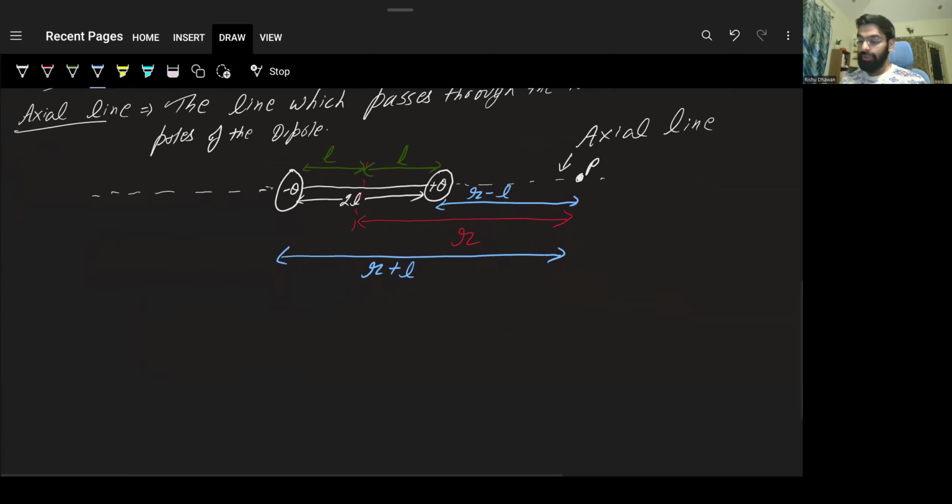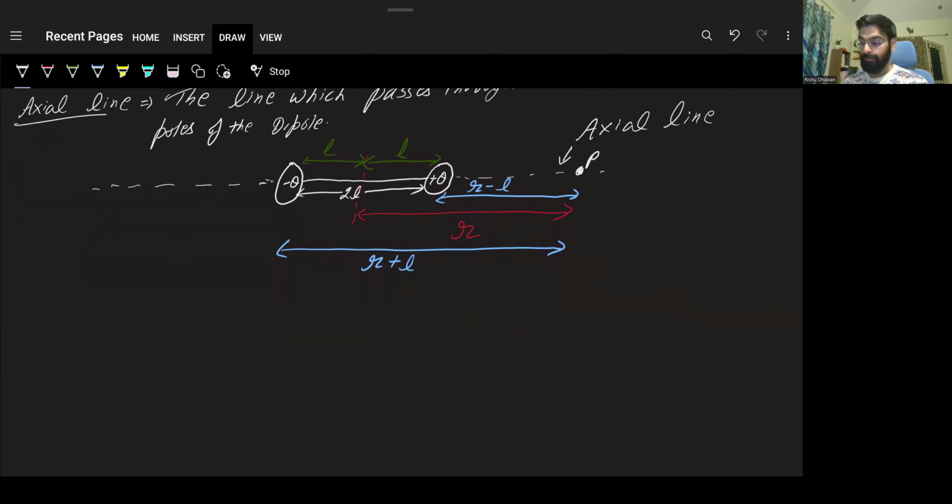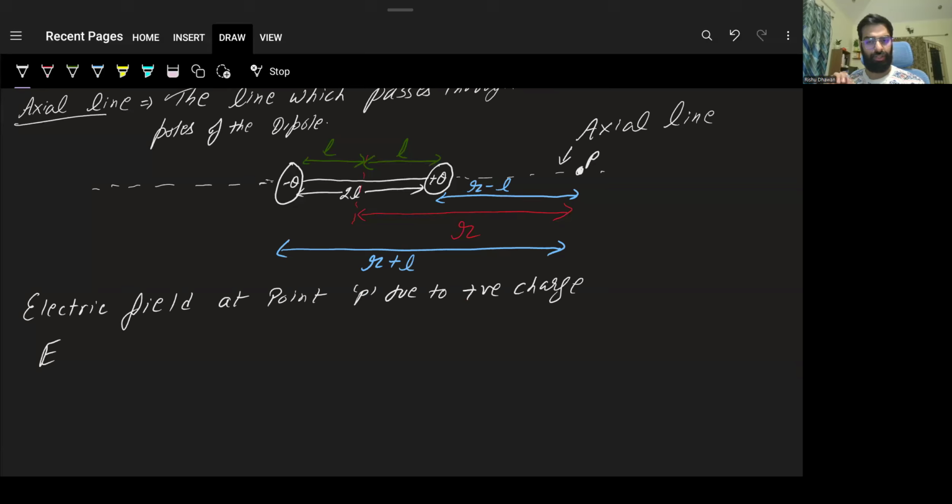Now, we know the superposition principle. So the electric field at point P due to the positive charge. You are aware of the formula, right? KQ by R square.